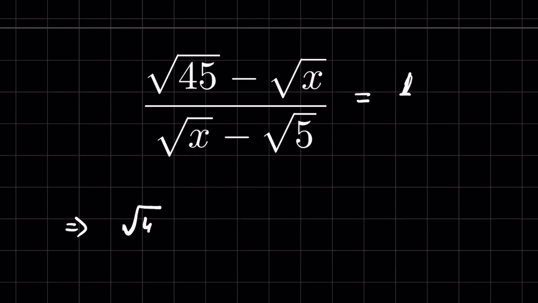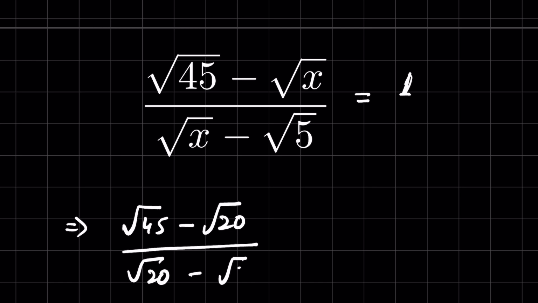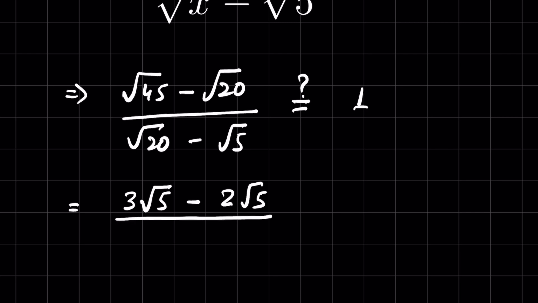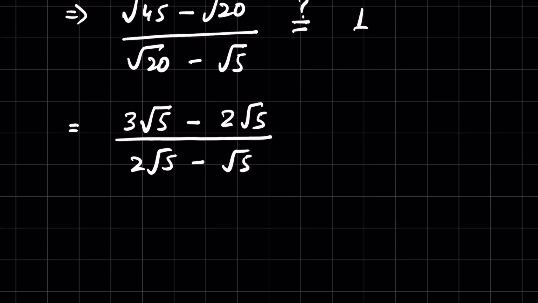Let's put the value of x here. So it's √45 − √20 upon √20 − √5. We have to check whether it is equal to 1 or not. Now √45 means 3 times √5, minus √20 is √(5 times 4), or we can write it as 2 times √5, upon 2 times √5 minus √5.